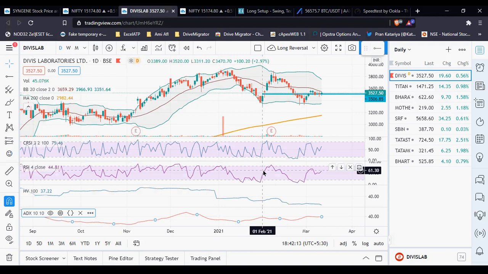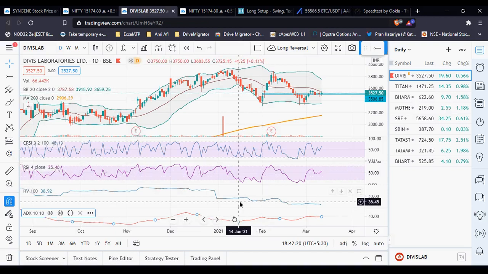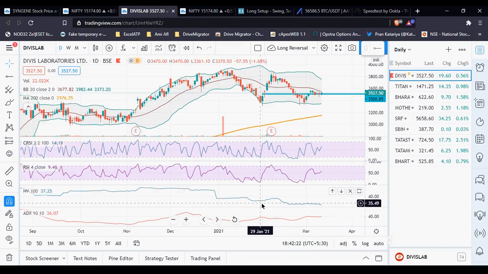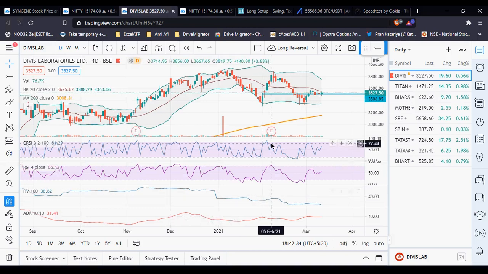So 37, 38 is negligible, and ADX should be above 30, which is 36, right? So we wait for a crossover on the top of the green candle for a buy signal, and you can set the stop loss maybe 5 rupees or 10 rupees below the lowest of the last two candles.